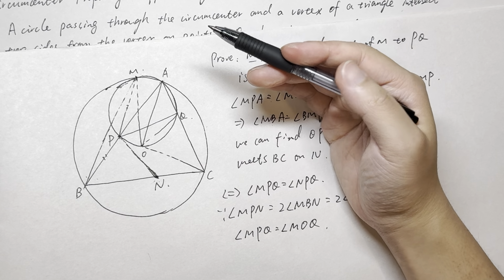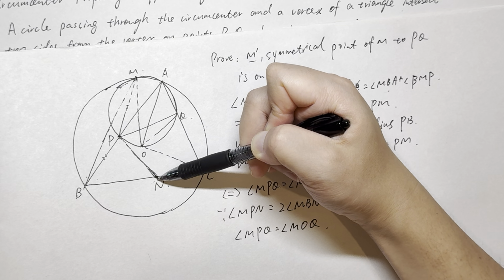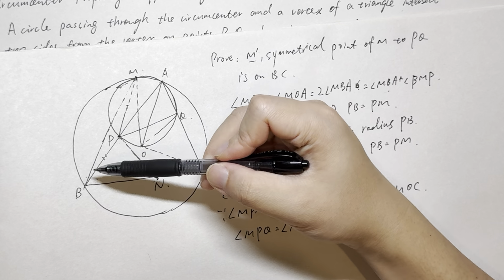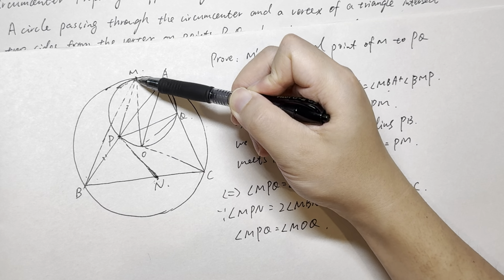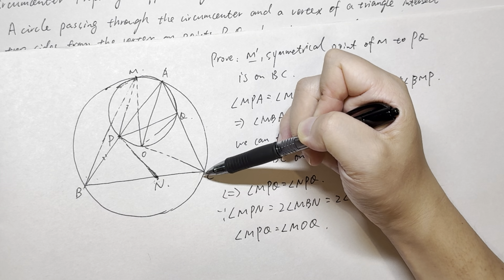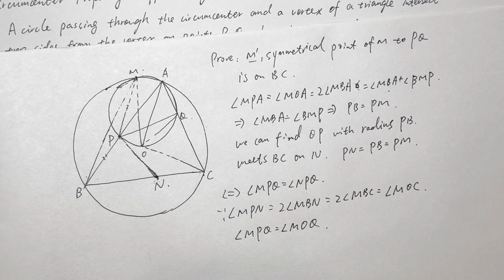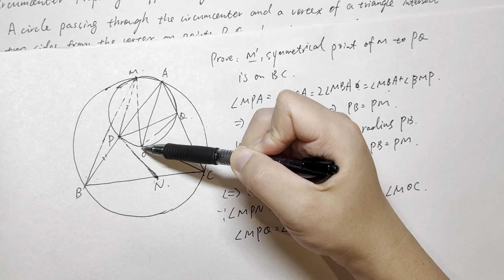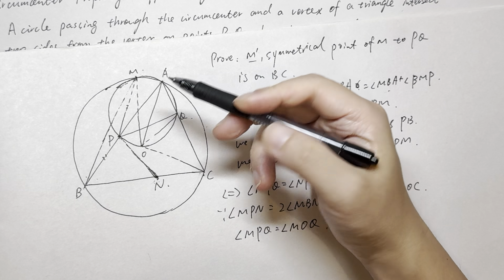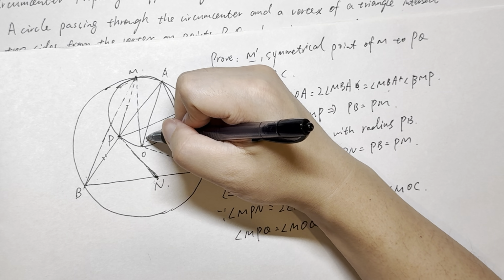So what we know here is that angle MPN equals angle MOC. Right, and also angle MPQ equals angle MOQ. So this angle equals this one equals this one.